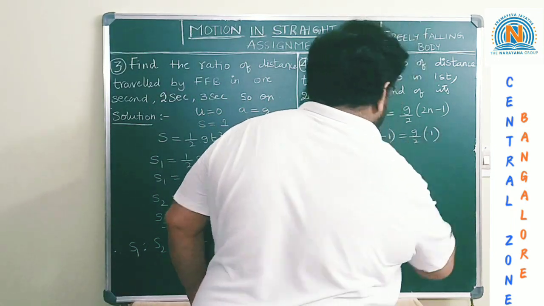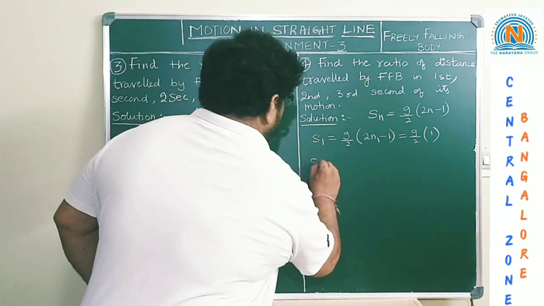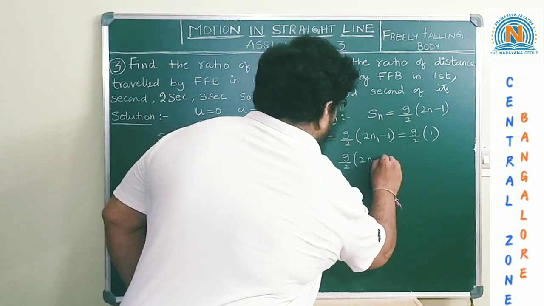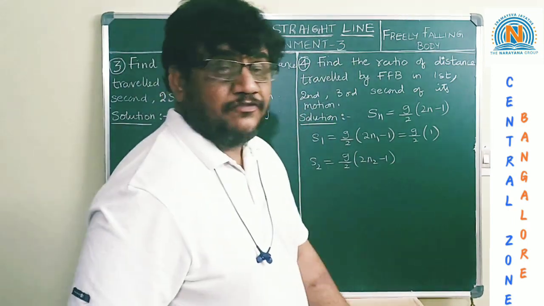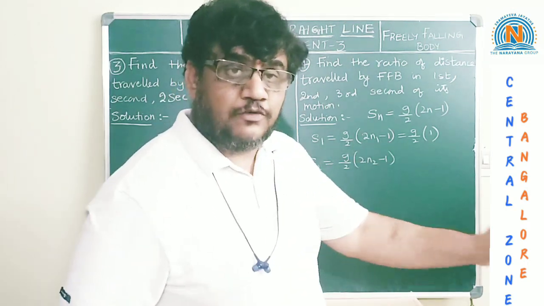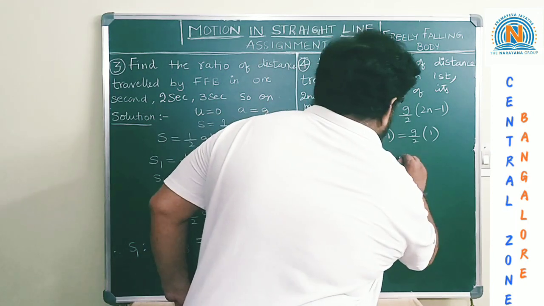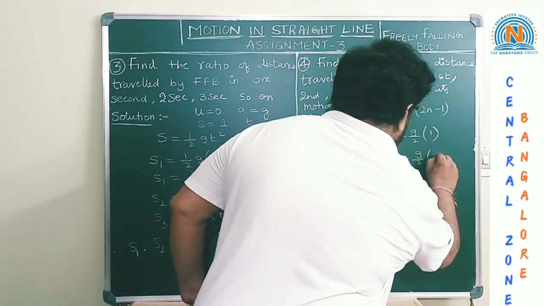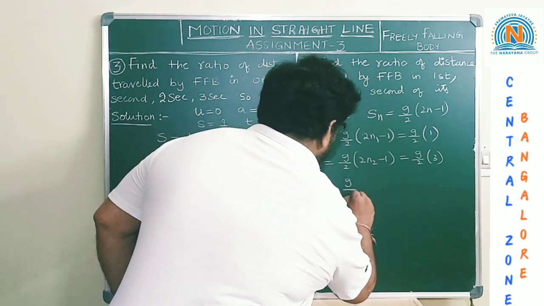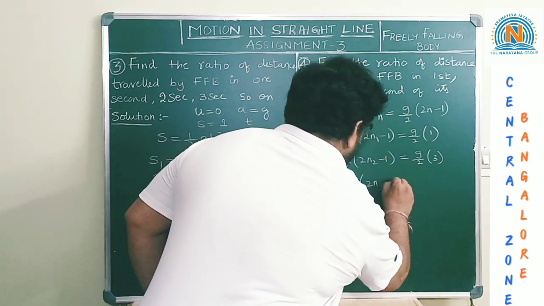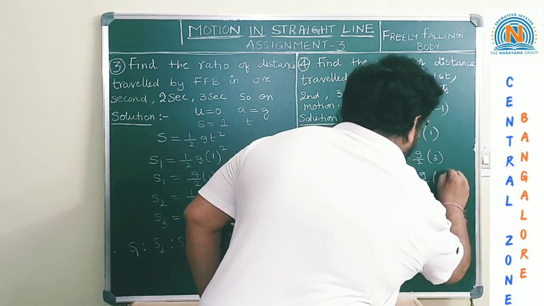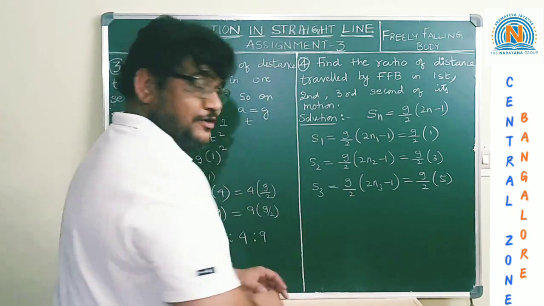So it is g by 2 into 1. S2 would be equal to g by 2 into (2n2 minus 1). What is the value of n2? Second means n2 is 2. 2 2s are 4, 4 minus 1 is 3. So this will be equal to g by 2 into 3. S3 will be equal to g by 2 into (2n3 minus 1), which will be equal to g by 2 into 5. Like this you can go.